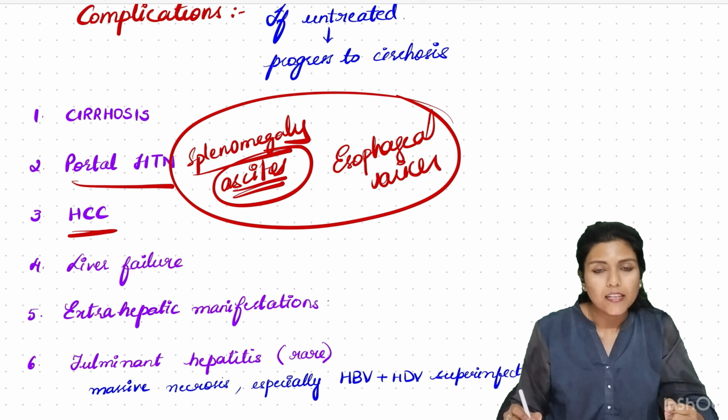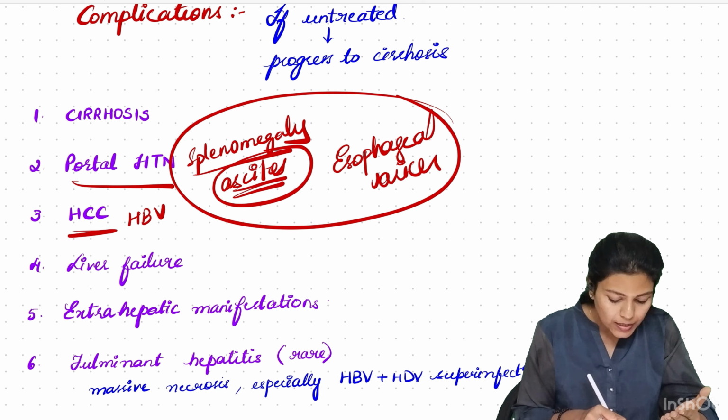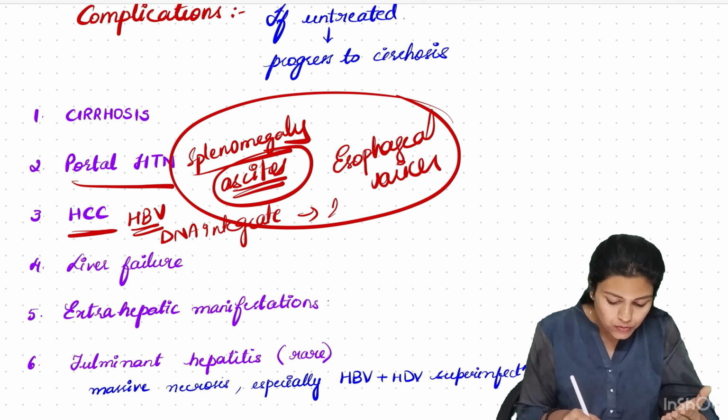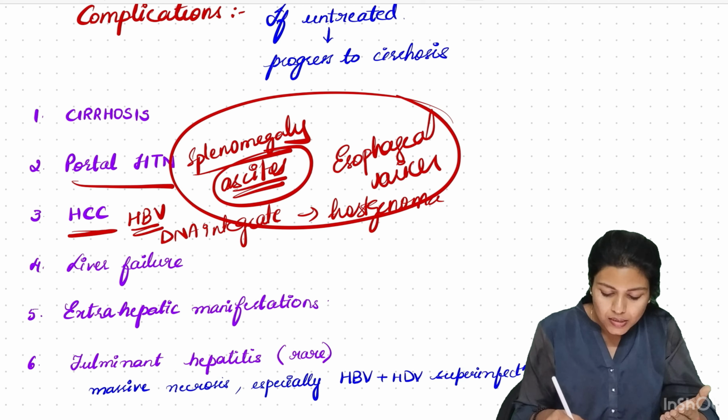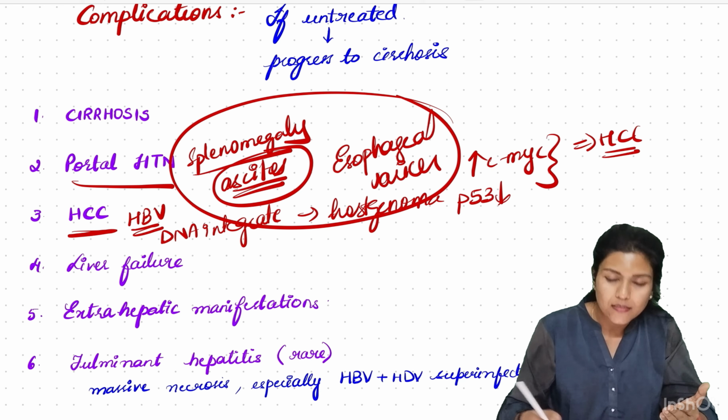Thirdly, HCC. Especially with hepatitis B virus, when the hepatitis B virus DNA integrates into the host genome of the hepatocyte, it will suppress p53 and activate oncogenes like c-MYC. It will ultimately result in hepatocellular cancer.